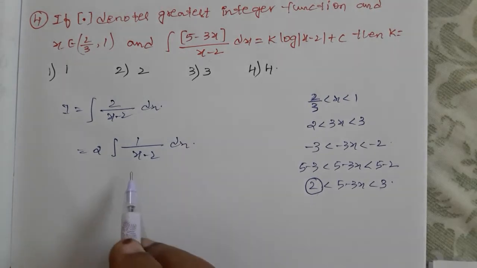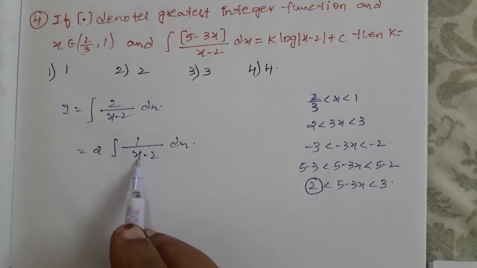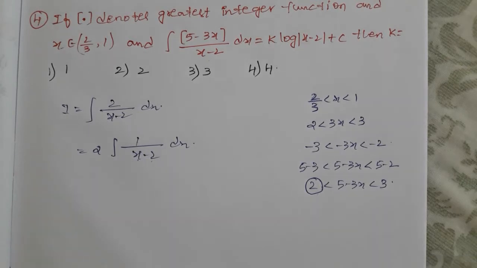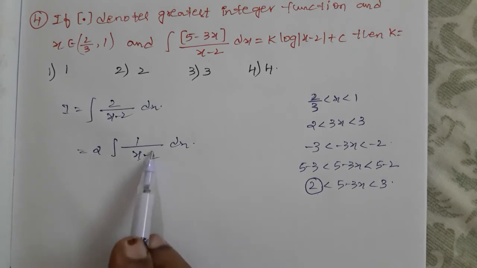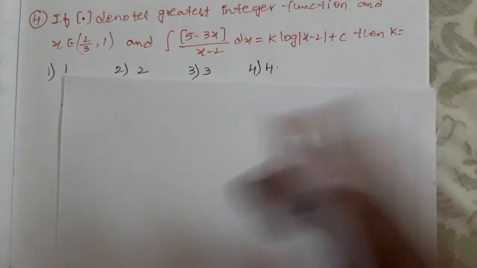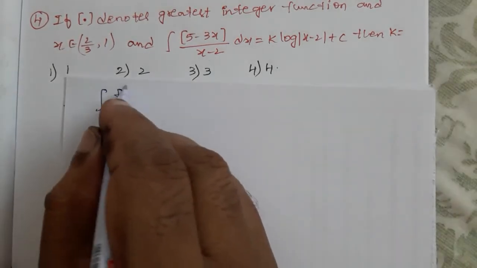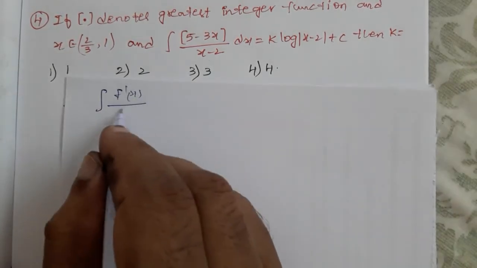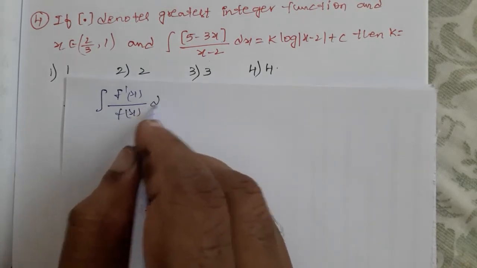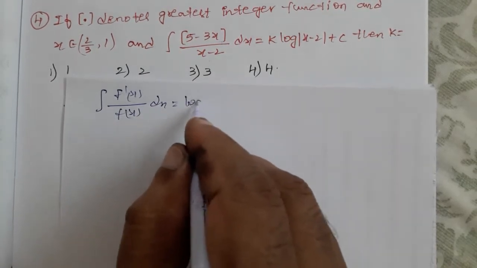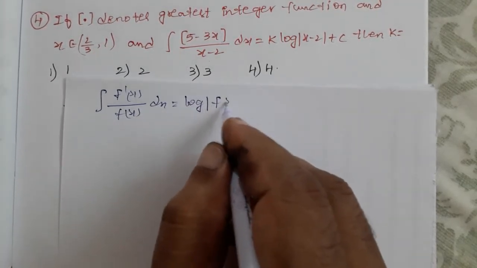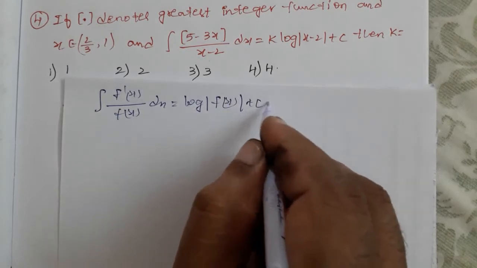Now let us understand one important point. The derivative of x is 1. The derivative of a constant is 0. That means the derivative of the whole denominator is the numerator. We have the formula that the integral of f dash of x divided by f of x times dx is equal to log modulus of f of x plus c.